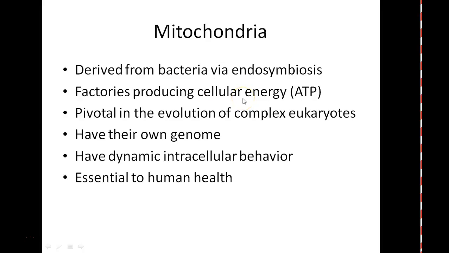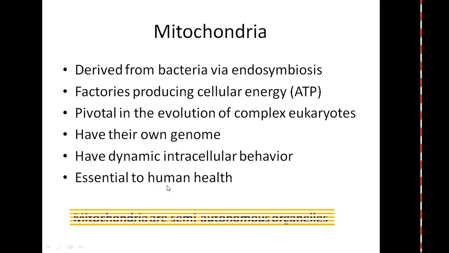We want to study them and learn more and more because they are very important in our health. They were also crucial in the evolution of complex eukaryotes. They have their own genome, and they have a very dynamic intracellular behavior. Dysfunction in mitochondria is associated with a variety of human diseases, including cancer.